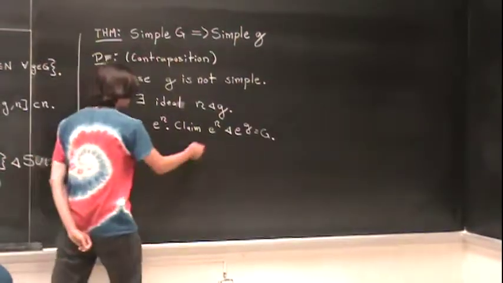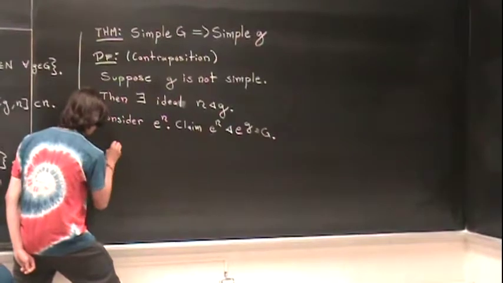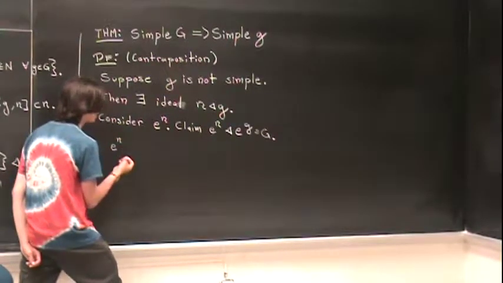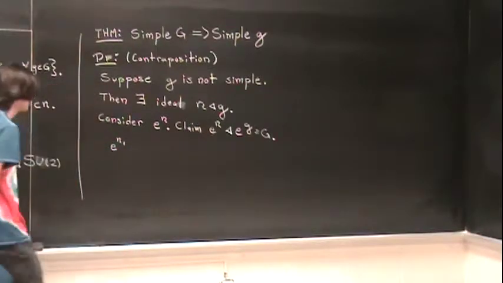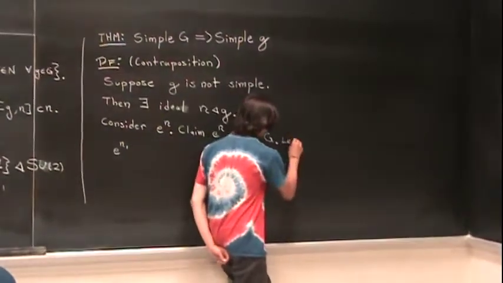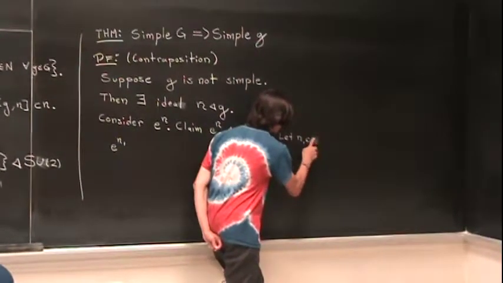Well, if we just consider elements of this group, e to the little n1, so I guess I should say let little n1 be an element of little n.